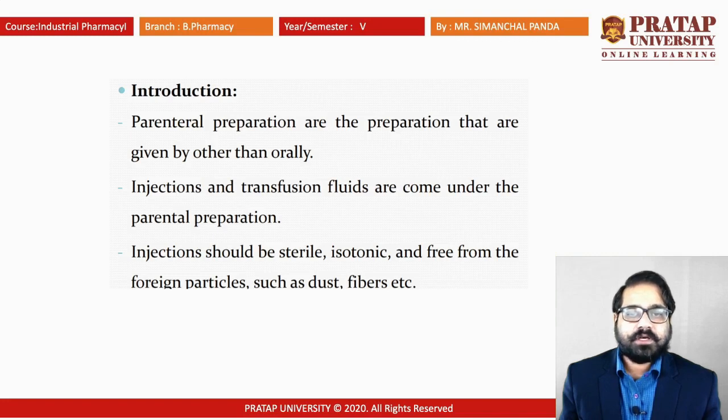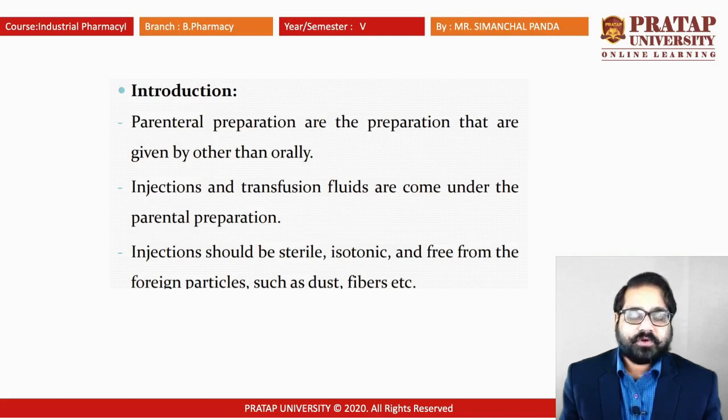Similarly, if non-isotonic solutions are given through the IV route, we can see that RBCs are present, and if those are hypertonic in nature, then the RBCs may start to swell. Otherwise, if it is hypotonic, then the cellular material inside will come out, and it will form a flaccid structure of the RBC.